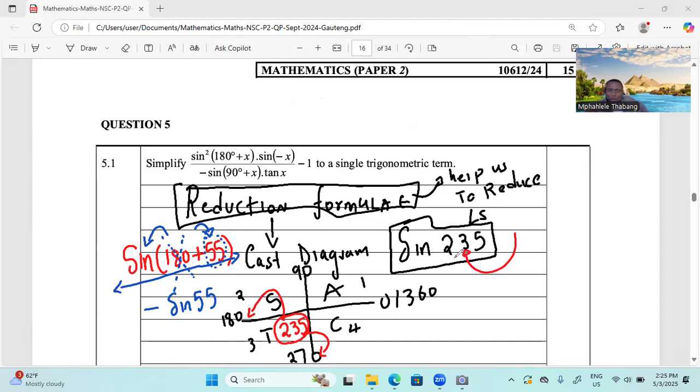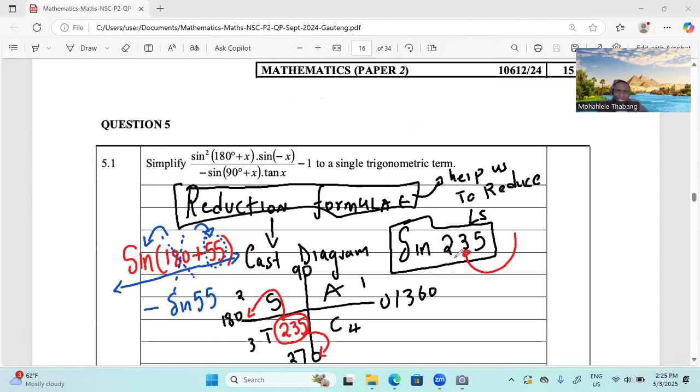Which means that when we simplify sine 235 using the idea of reduction formula, we notice that our value becomes negative sine 55. So the value becomes an angle which is below 90 degrees, and this is what we love in trigonometry. We love to work with angles which are below 90 degrees.